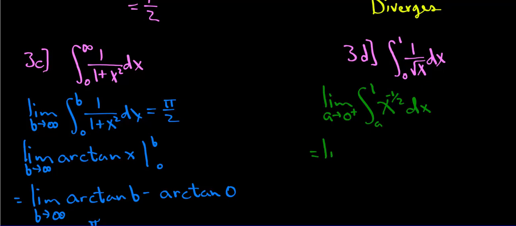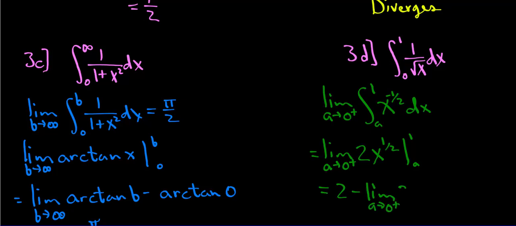We've got the limit as a goes to 0 from the right, and this is going to be 2x to the 1/2 from a to 1. Now, if I put in a 1, I get 2 minus the limit as a goes to 0 from the right of 2a to the 1/2. And that part there is going to be 0, so it looks like I just get 2.